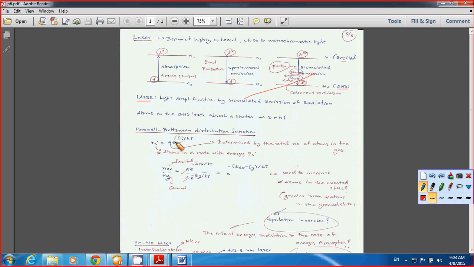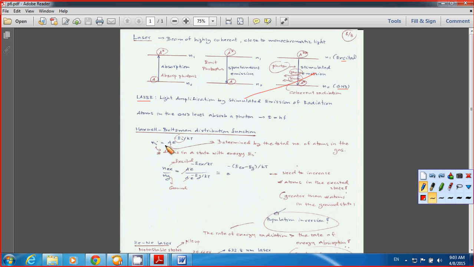Ni is the number of atoms in the state with the energy Ei, and you already know k, the Boltzmann constant, T, the absolute temperature, and A is determined by the total number of atoms in the gas, and that has to be in units of number of atoms.